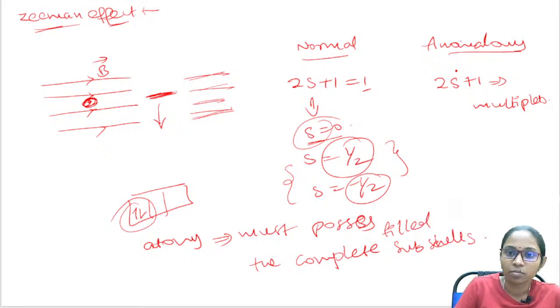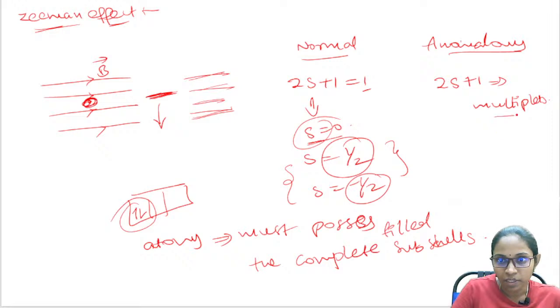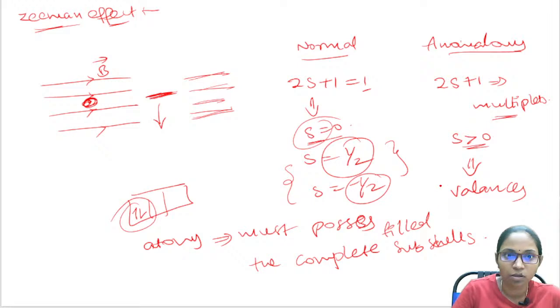The anomalous Zeeman effect occurs for multiplets. That means the S value must be greater than 0, right? For this purpose, the atom must possess valence electrons. Okay, coming to the normal Zeeman effect.